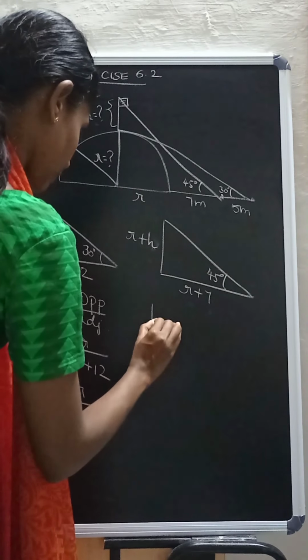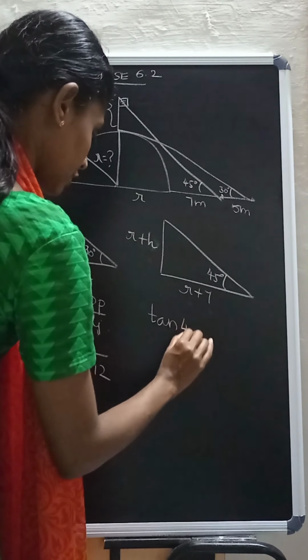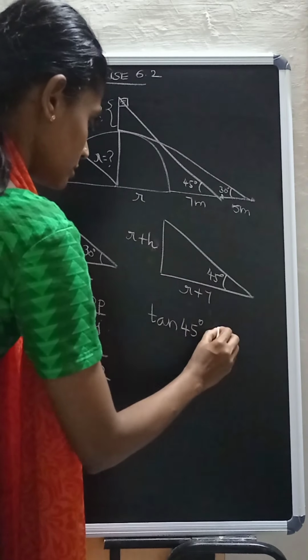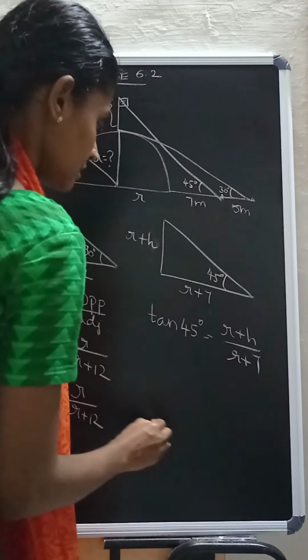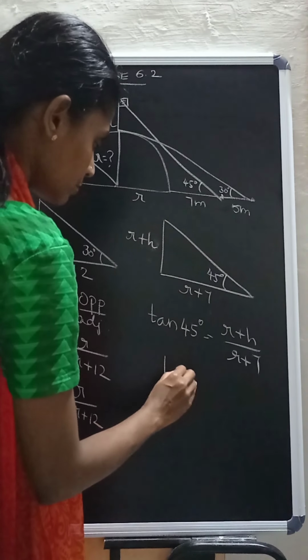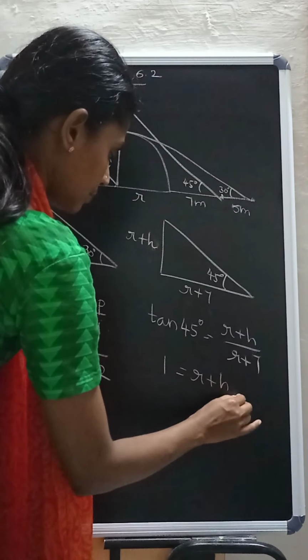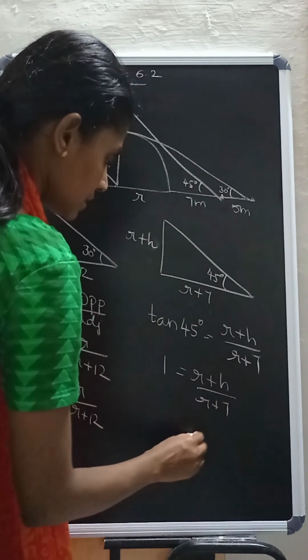Here also tan 45 degrees is equal to opposite is r plus h by r plus 7. So tan 45 value is 1. 1 is equal to r plus h by r plus 7.